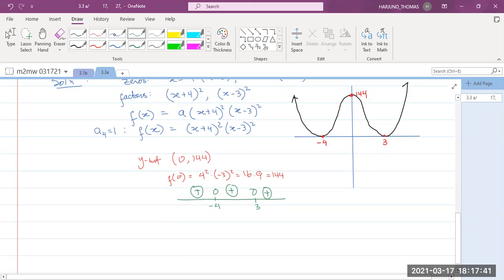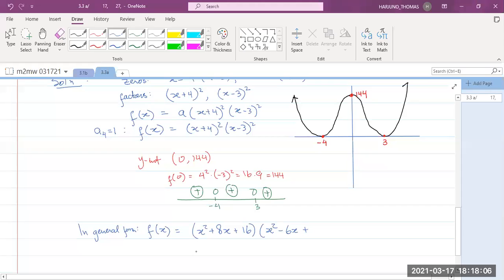Now suppose we want to FOIL this, then in general form, we will get x squared plus 8x plus 16 times x squared minus 6x plus 9.